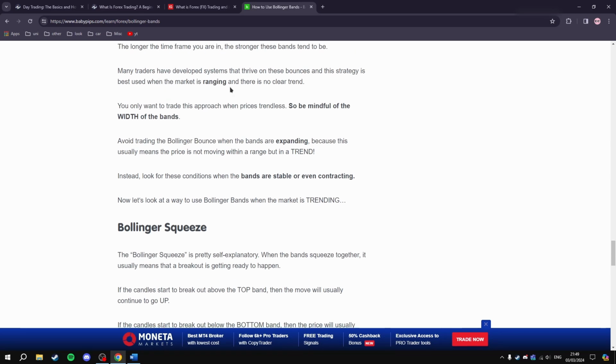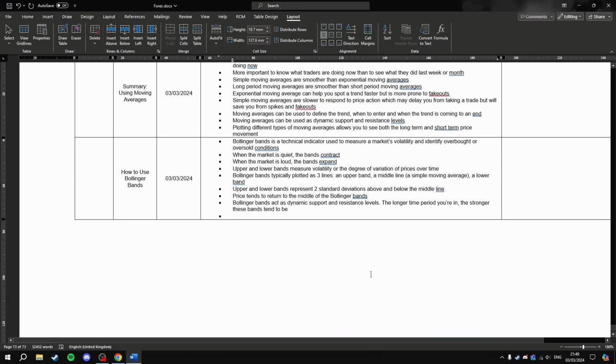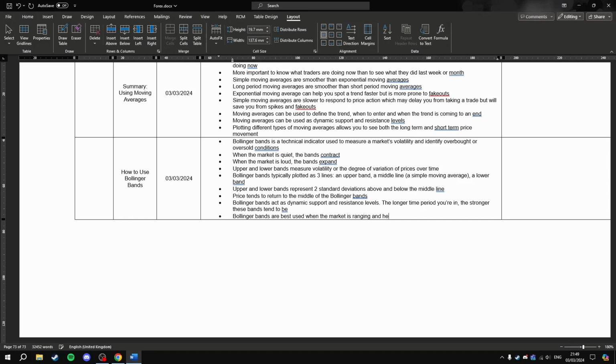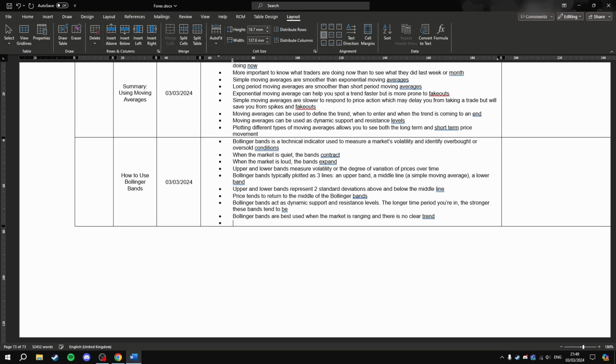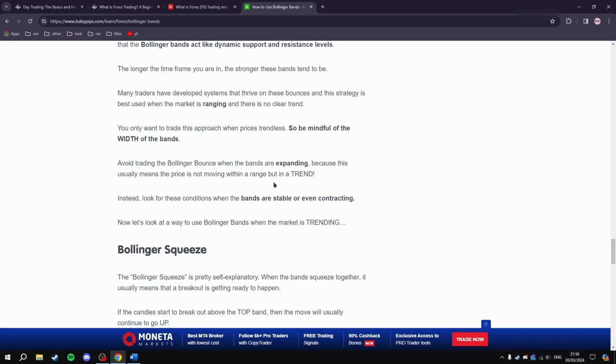Many traders develop systems that thrive on these bounces, and the strategy is best used when the market is ranging and there is no clear trend. You only want to trade this approach when price is trendless, so be mindful of the width of the bands.